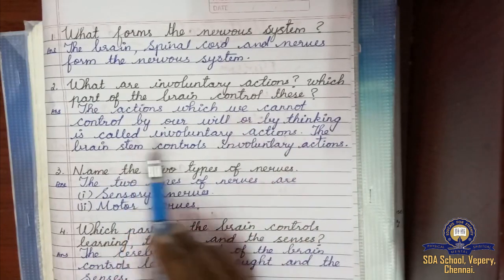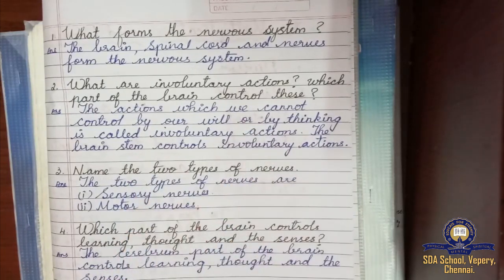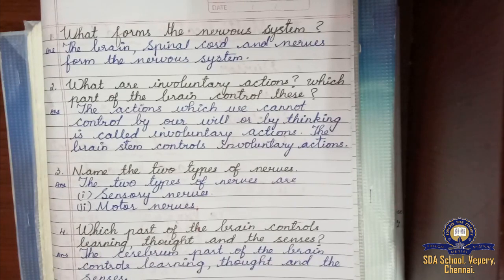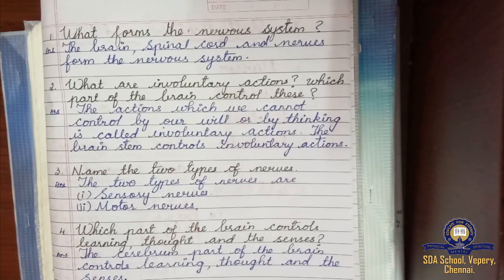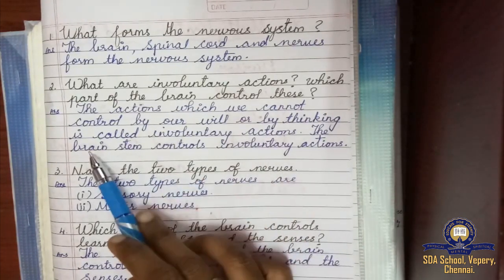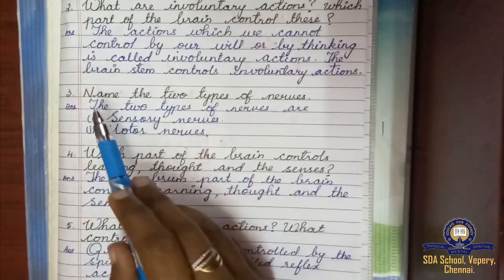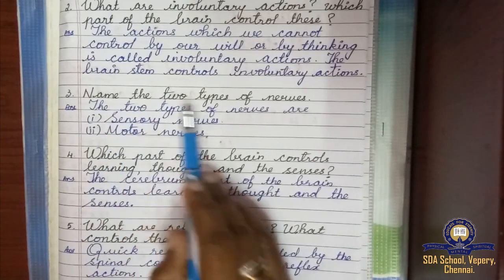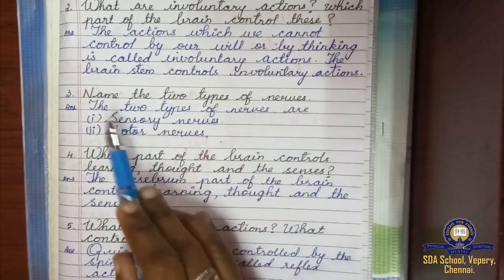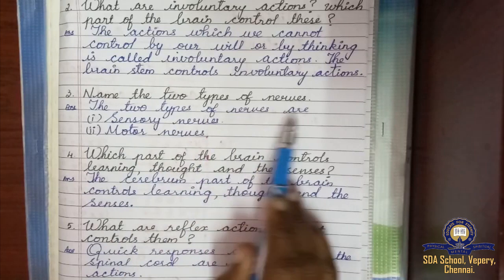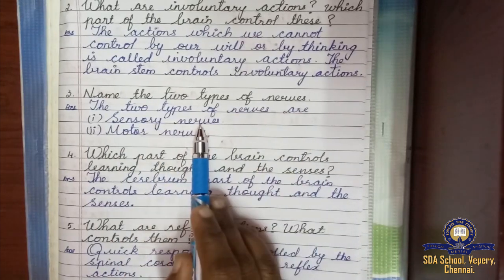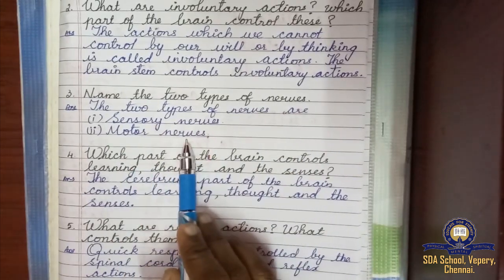The brainstem controls involuntary actions. Third one. Name the two types of nerves. The two types of nerves are sensory nerves and motor nerves.